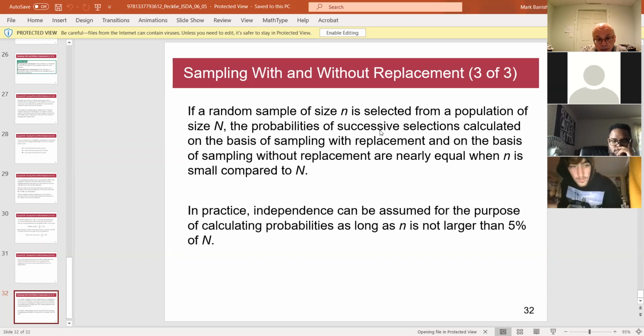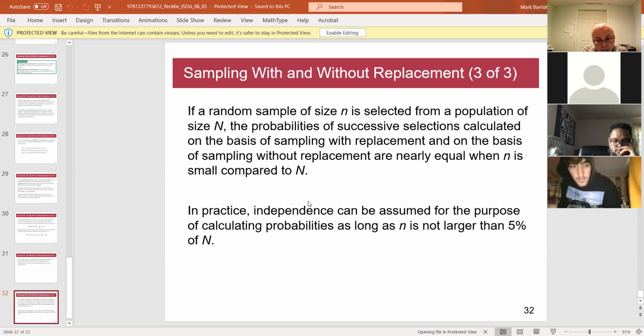It says the probabilities of successive selections calculated on the basis of sampling with replacement and on the basis of sampling without replacement are nearly equal if n is small compared to N. That sounds like complicated wording, but what they're really saying is that if the sample size is small relative to the population size, typically in this book, no more than 5% of the population size, then we can assume independence when there really isn't independence.